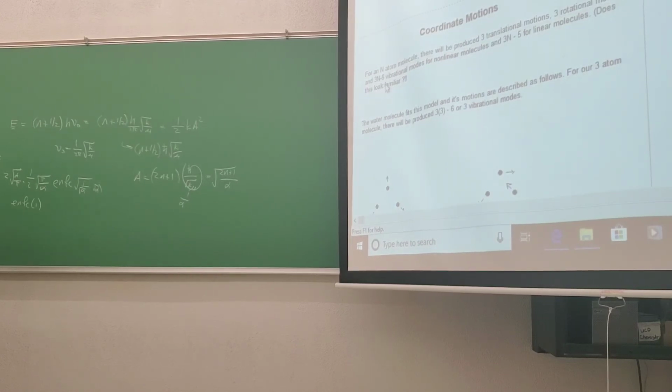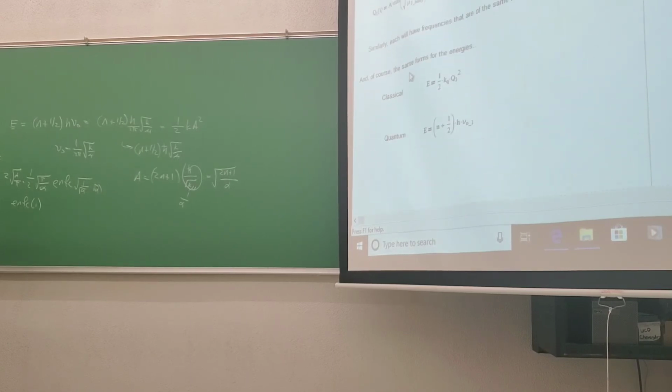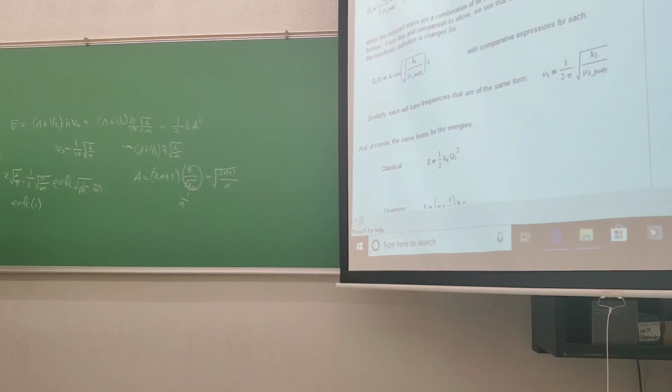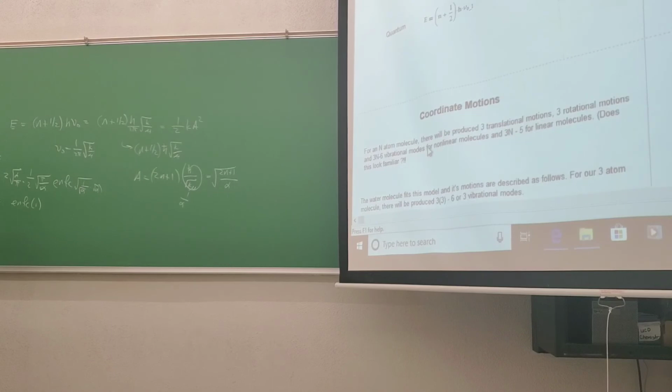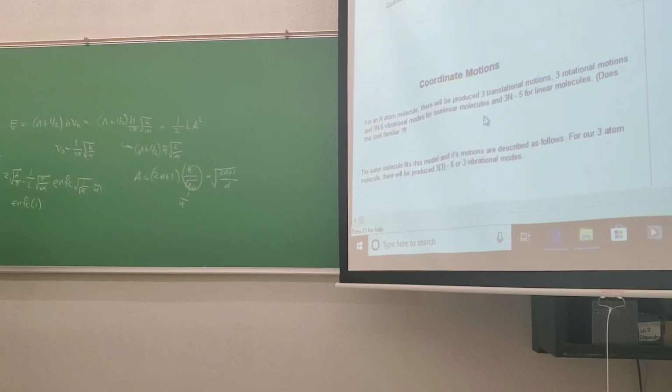Remember when we were doing the heat capacities, we had 3/2 R, 3/2 R, and then 3n minus 6 for a non-linear polyatomic particle. When you do the math and break it down into this kind of vibrational coordinate system, you will always get 3n minus 6 vibrational modes for a nonlinear molecule, and 3n minus 5 for a linear molecule.